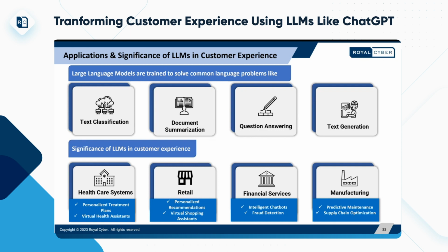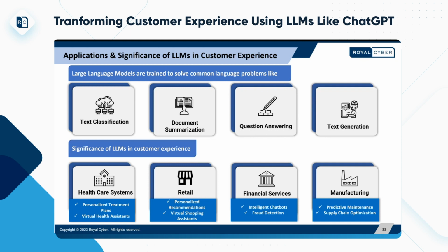In that sort of real-time space, and also virtual shopping assistants, right? So they know the contextual understanding, they understand the customer in that moment, and the ability to provide in-moment personalized support and offers is truly a game changer. Financial services, again, that was intelligent chatbots, and also fraud detection.